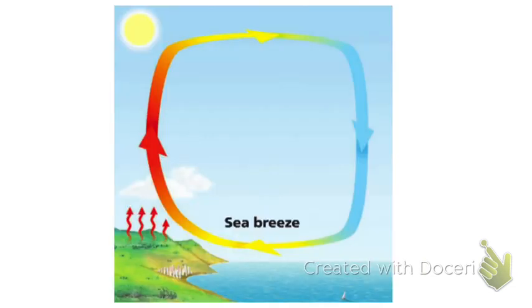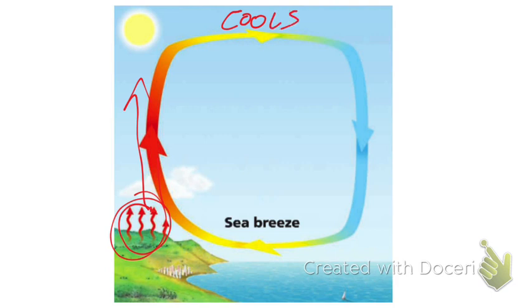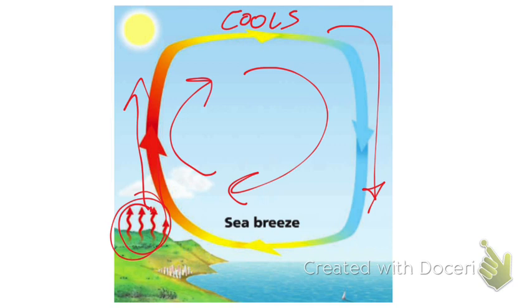This happens with a sea breeze, so you get the land heating up very quickly, much quicker than the ocean, so you have this hot rising air over the land going up in the atmosphere. On the other side, the cooler air, after it goes way up in the atmosphere, cools down, and then it sinks. So you have this convection going on here.